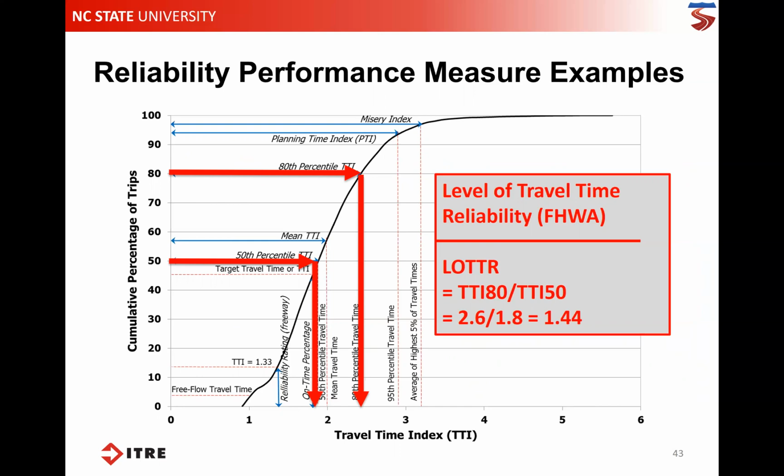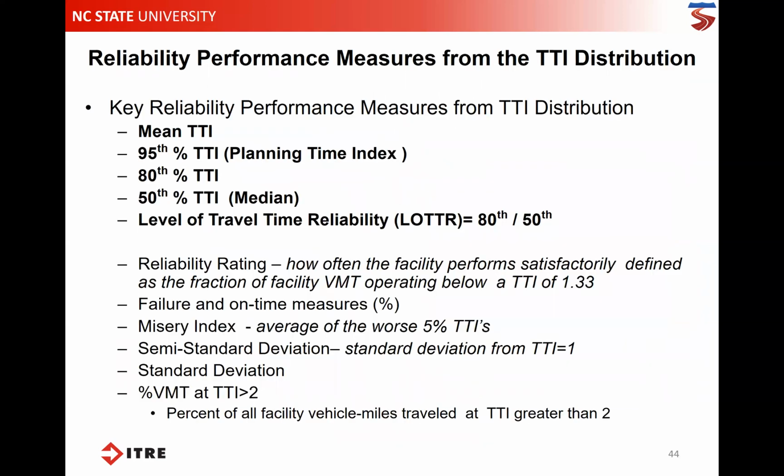FreeVAL will report all of these measures for you, and of course you can generate your own because it also gives you the entire distribution. So this is again a series of measures that are in the HCM and other measures that you can use, including certain things that are slightly unusual, like semi-standard deviation.